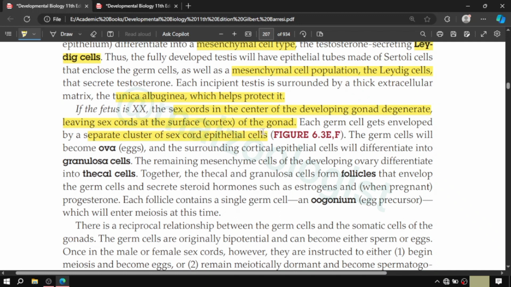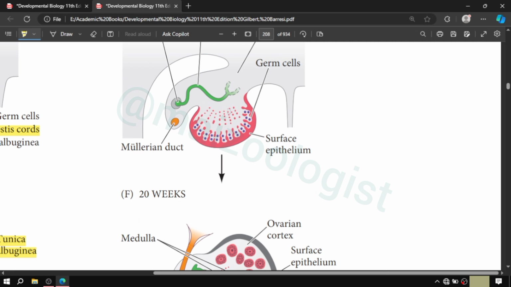Take a look at it. As you can see in the center here, the sex cords, the ovarian cords, have degenerated. These were the testis cords in the male. Here we can see only the cords at the surface of the gonad, or the cortex of the gonad, are left. In the center, they have degenerated, as said earlier.